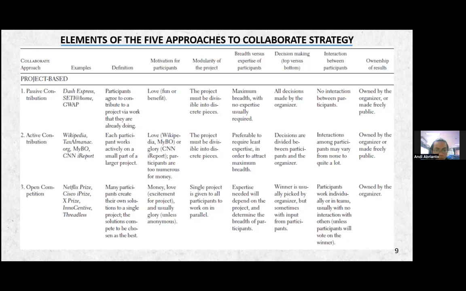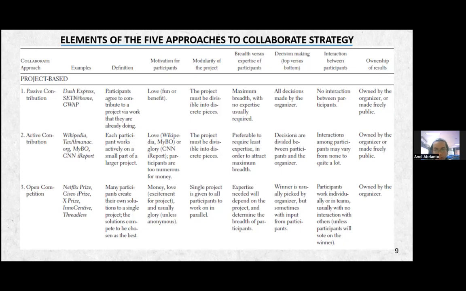In open competition, the project does not need to be divisible into parts because the same project is given to all participants to work on in parallel. Typically, the organizer decides who wins in a competition.